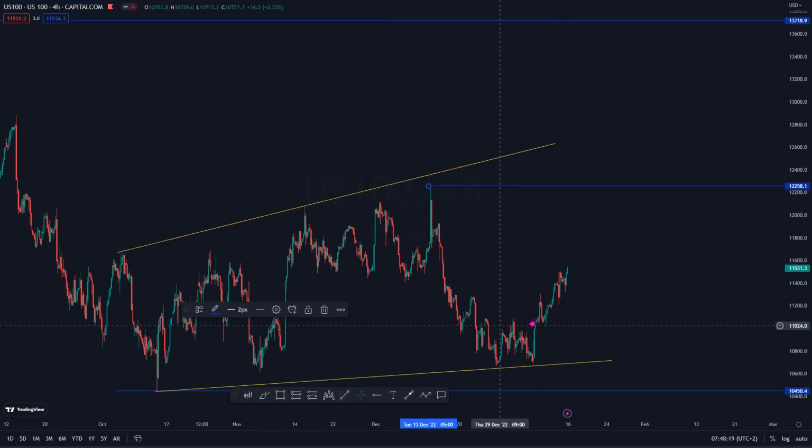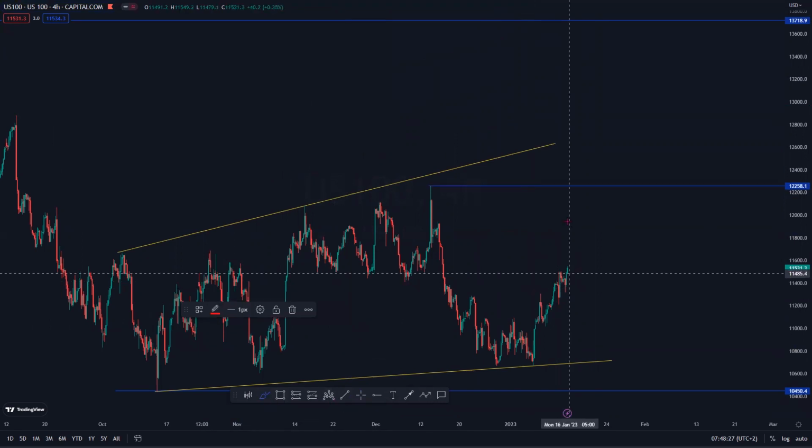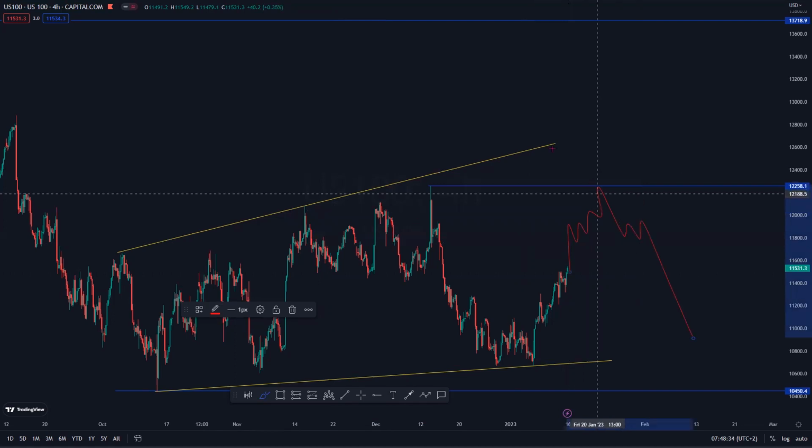You get it? So we might push to the upside and reject on our double top before pushing to the downside. Create the double top and push to the downside. Not every time will the market give you a third touch.